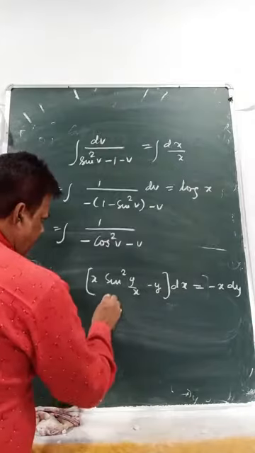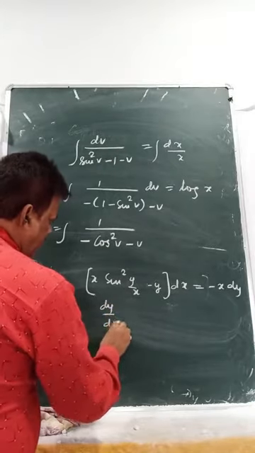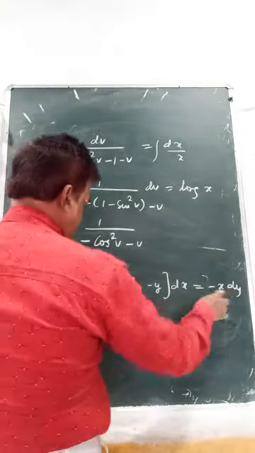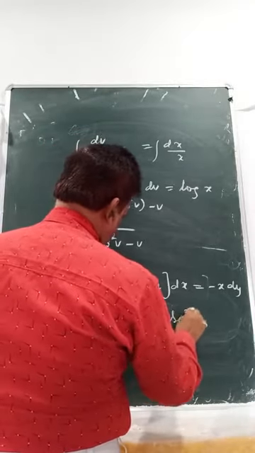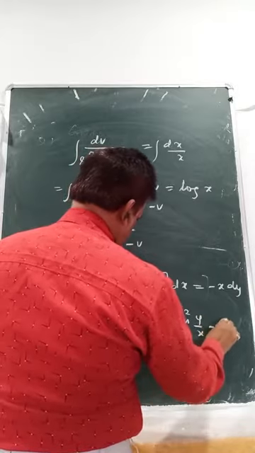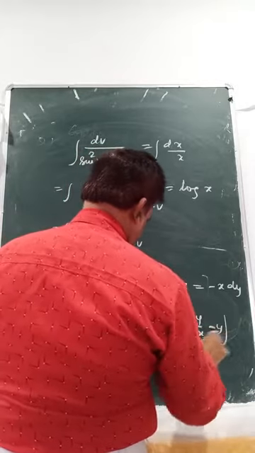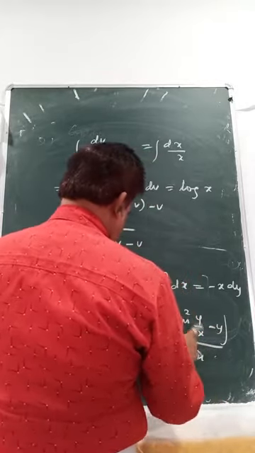So dy by dx equals sin square y by x minus y by x. Okay, I got it.